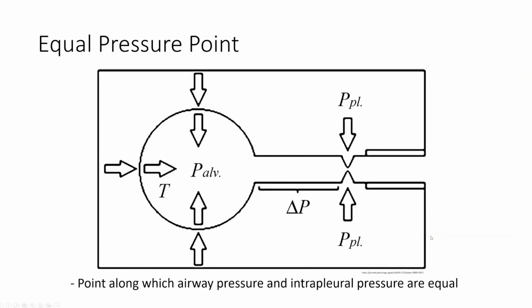This can be explained by the concept of the equal pressure point. Equal pressure points occur when, as the alveoli expire air along the airways, the pressure inside the airway drops to a point where the pleural pressure that surrounds it is equal to it.